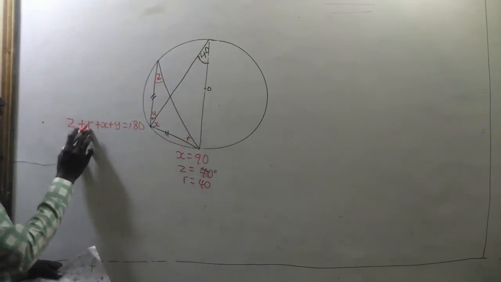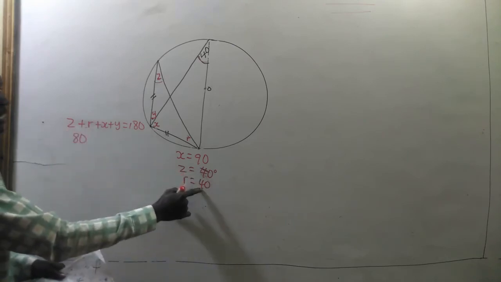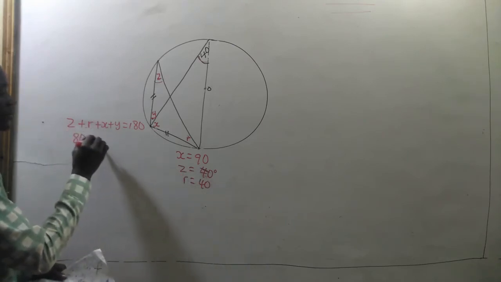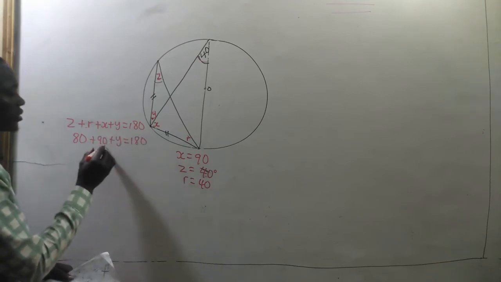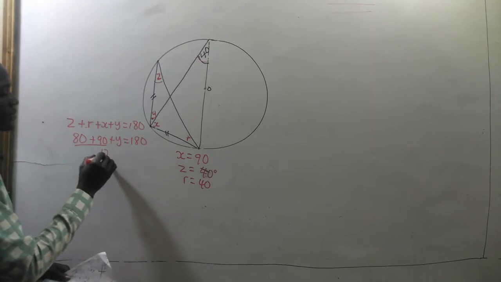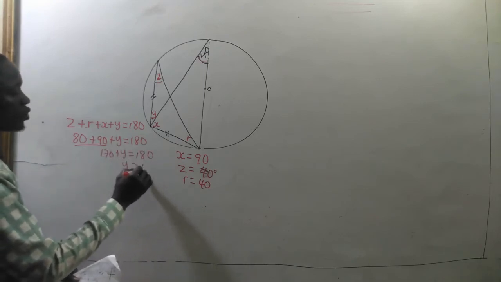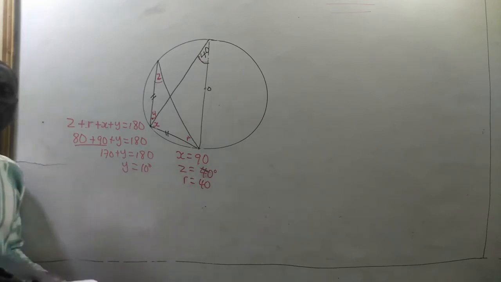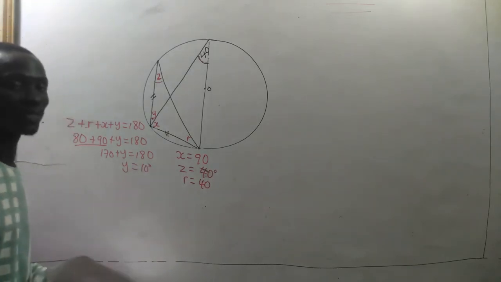Z is the same as r. So we have 80, that is 40 plus 40, plus 90 plus y equal to 180. This will give us 170 plus y equal to 180. So you have y to be equal to 10 degrees. Wow! Let's take the last example and then we see we are done.